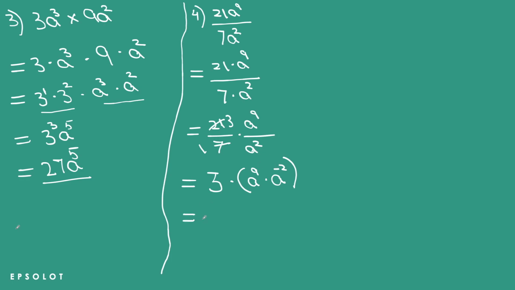And once again, since the base is the same, I'll just write a, but now it's 9 plus minus 2, but a plus multiplied by a negative is a negative, so this becomes 9 minus 2, and then you get a 7. And then your expression becomes 3 times a to the power of a 7. So you see that you can simplify from an expression that looks something like this to an expression that looks something very simple, like that.